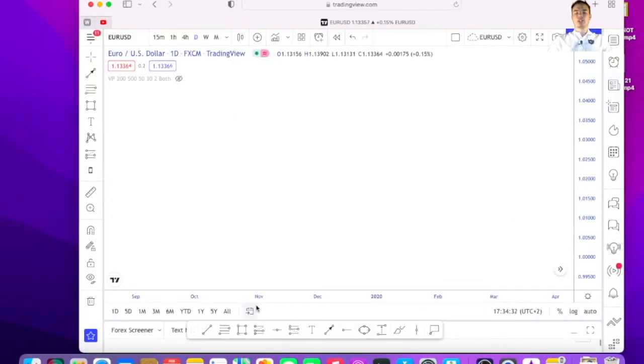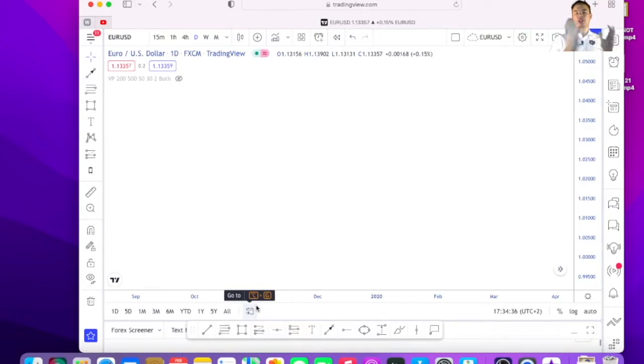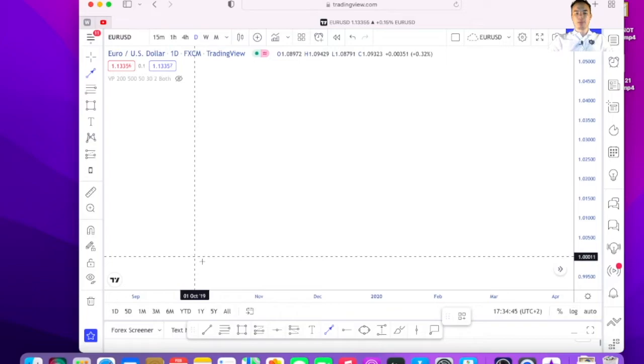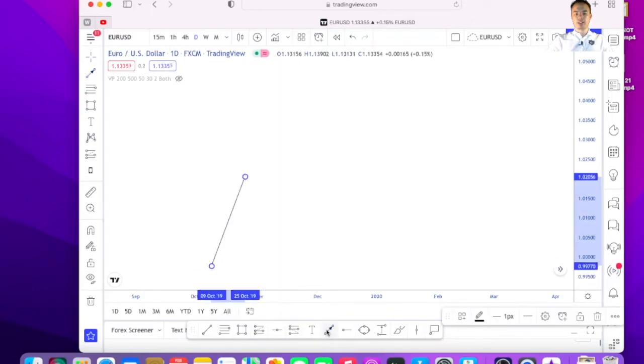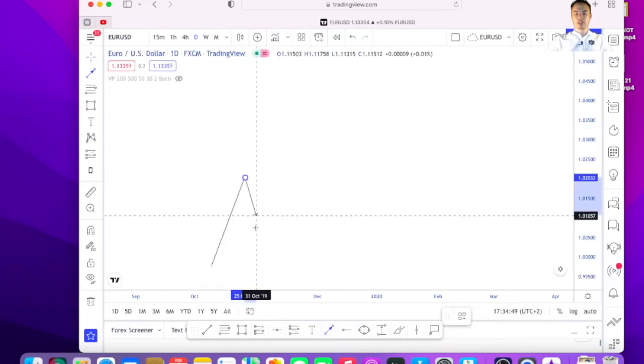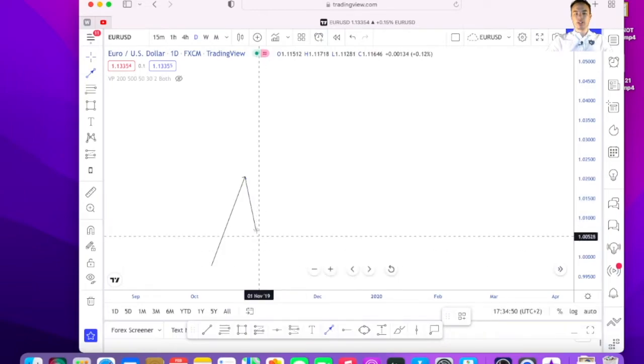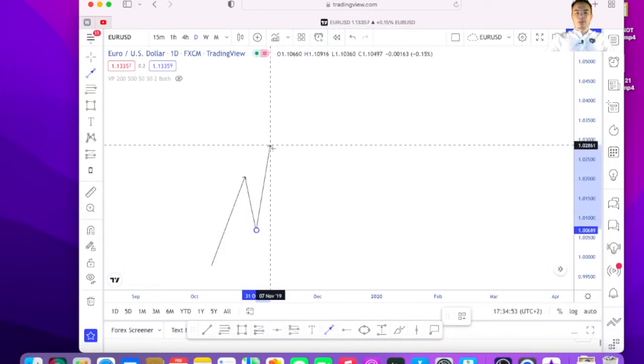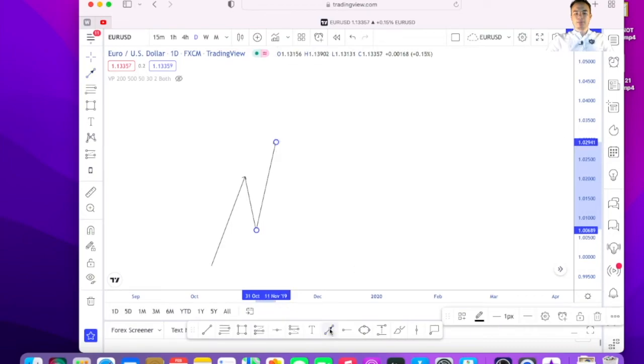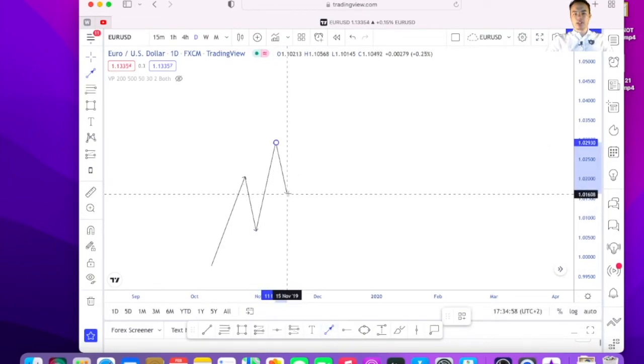A head and shoulder is basically turning a bullish uptrend into a bearish trend. So it's a trend reversal. So what will happen is we'll have, let's say, higher highs and higher lows. So there's a higher high, higher low. Let's say price pushed up to have a higher high, came down to have a higher low.